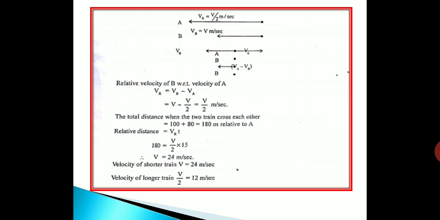Then next important concept: when can you say that the shorter train has completely overtaken the longer train?